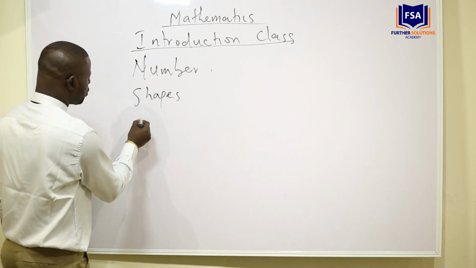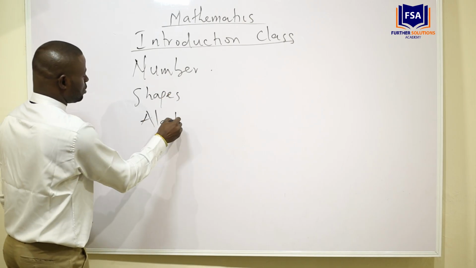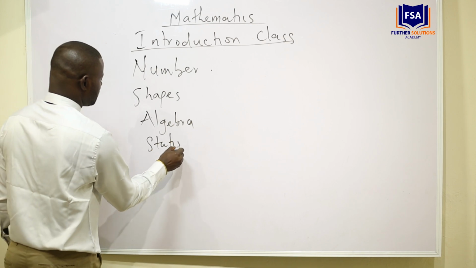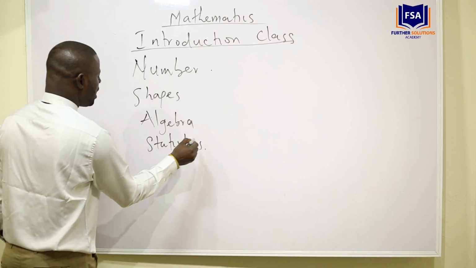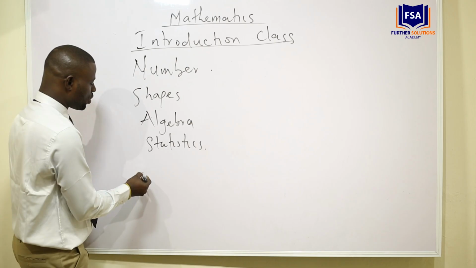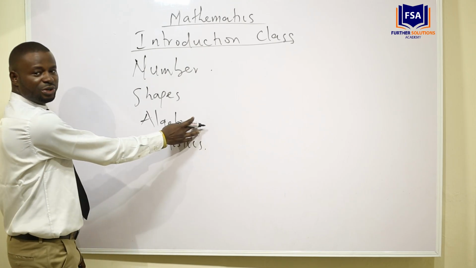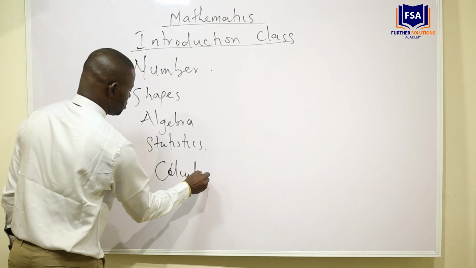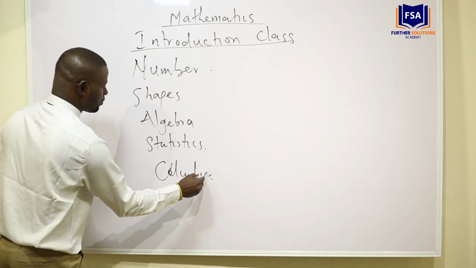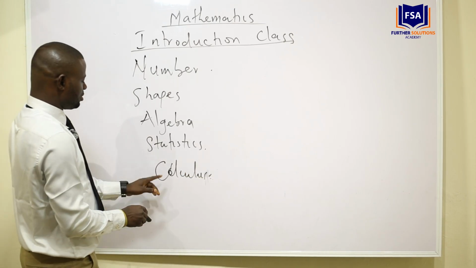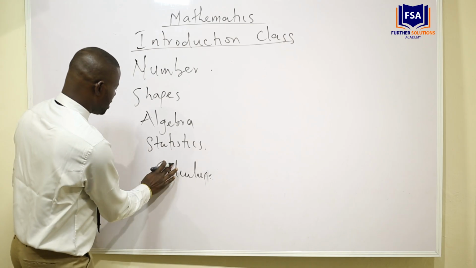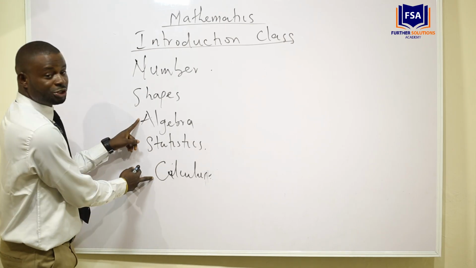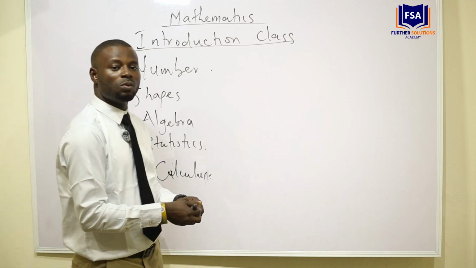I will also talk about algebra. Then we have statistics. And the last one is calculus. Although they are friends to each other, calculus is also close to algebra, but let me quickly work on it.